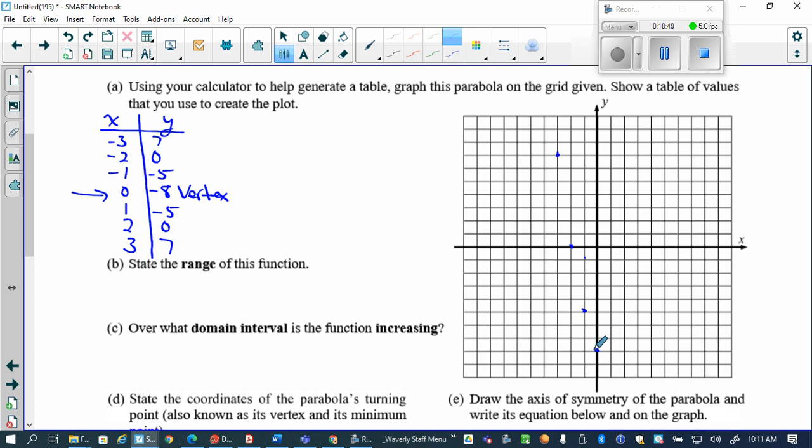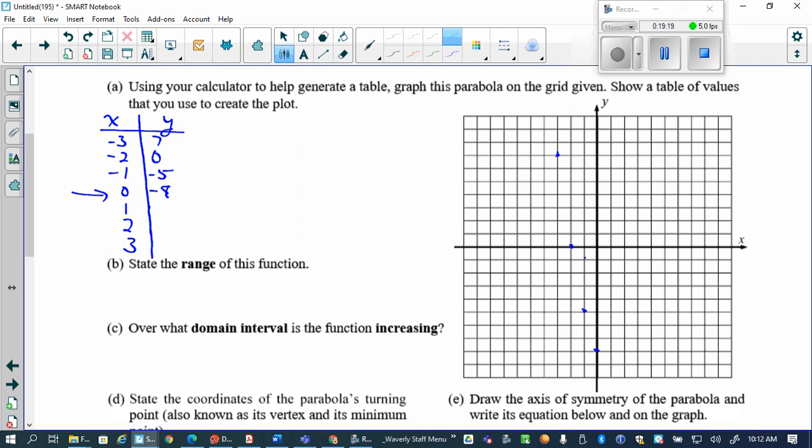And then 1. Why is this not right? It should be off a little bit, right? Why is it turning there? Oh, I know why. My table's not right. 8 for 0, so 0 is -8, and then 1 is -5.